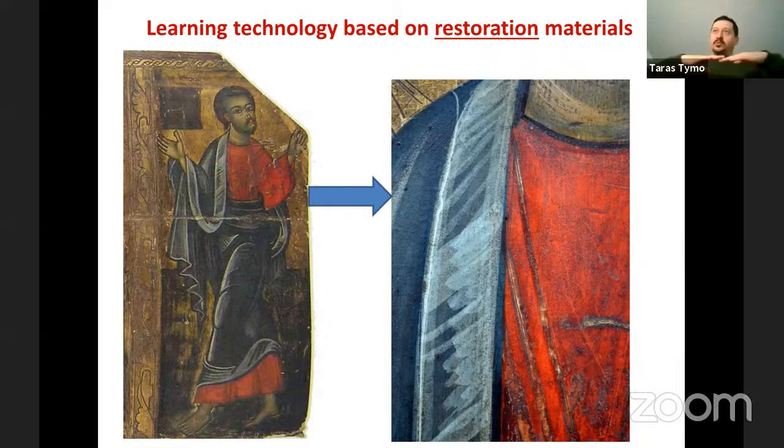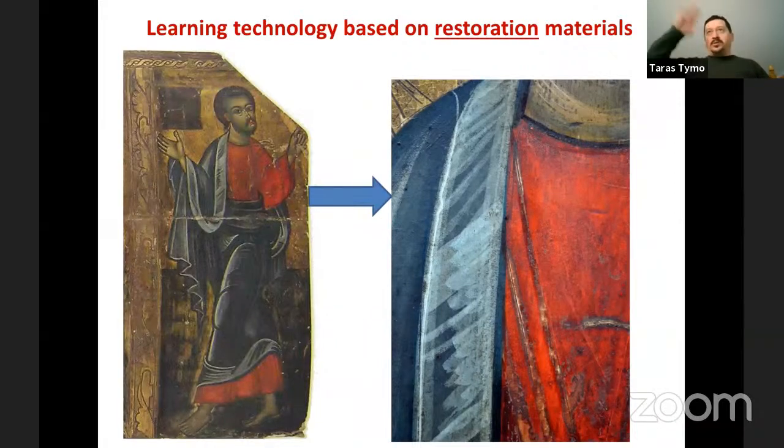You have to start with the lower layers, and then if you apply layer by layer the proper paint in proper proportion, in proper technique, on the surface you will come up with the image that is ideally as close as possible to the original.